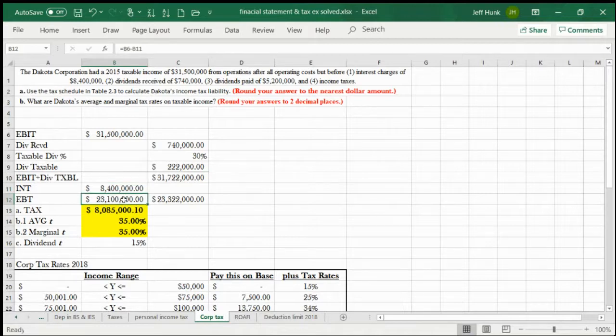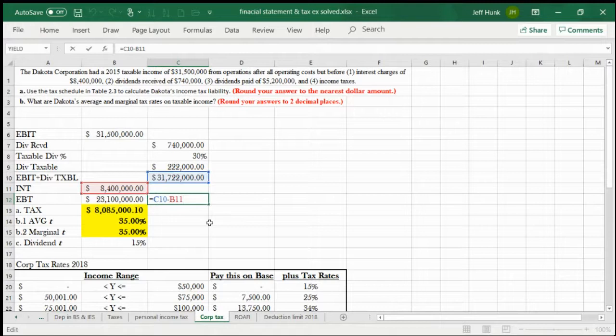So what would be our earnings before taxes? It would be the difference between this and this. This would be our EBT, but you might wonder, don't we have to also include the dividend?